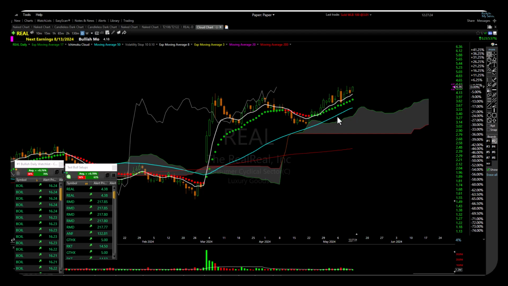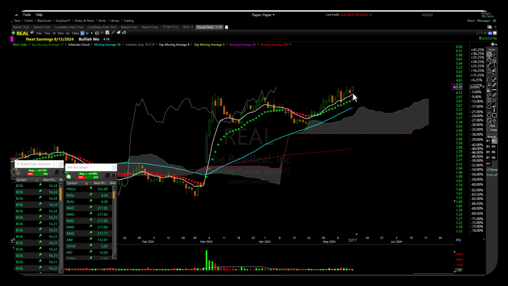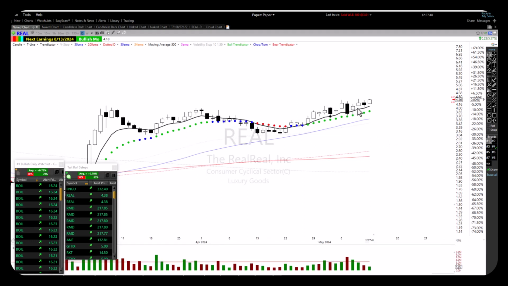Above the cloud, and then one of the cloud lines, I can never remember, maybe it's a baseline or something, above the moving average, the 8. And see, that meets all that qualification. Now I can come over here, because this is the chart I'm going to look at. I'm not going to look at a cloud chart. Now I can decide whether I want to buy this. So the background work is all done. Right there.